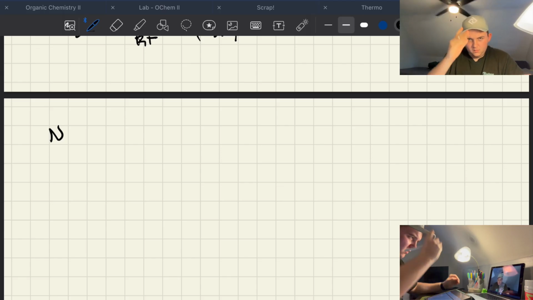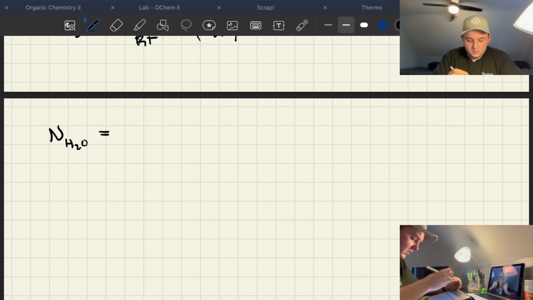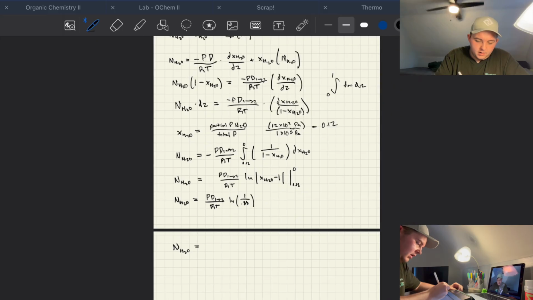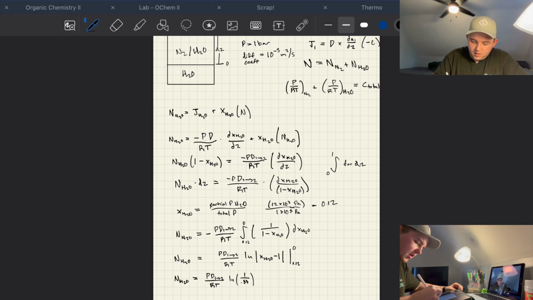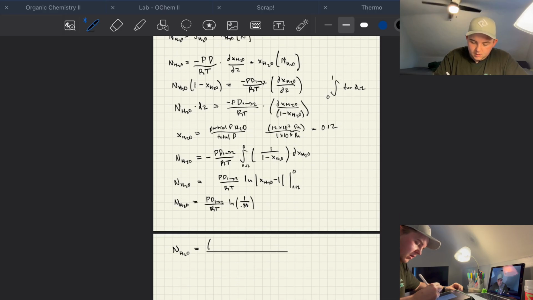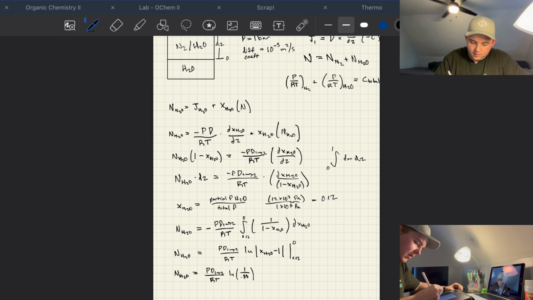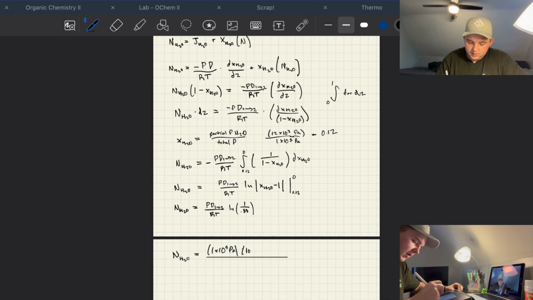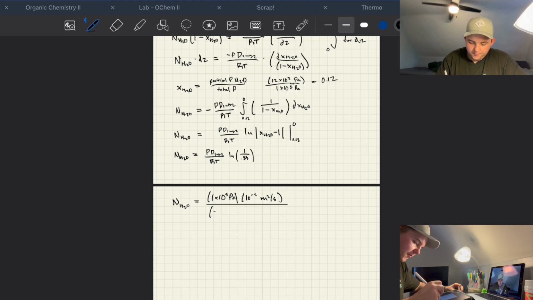So we're going to have our NH2O equal to our pressure, which is 1 times 10 to the 5th pascals, times our D, which is 10 to the negative 5th meters squared per second, I think, yeah.